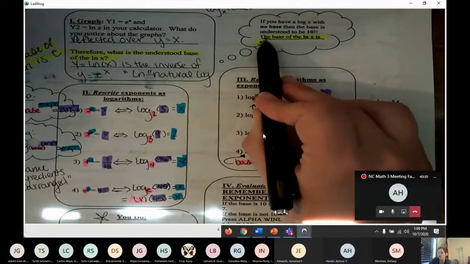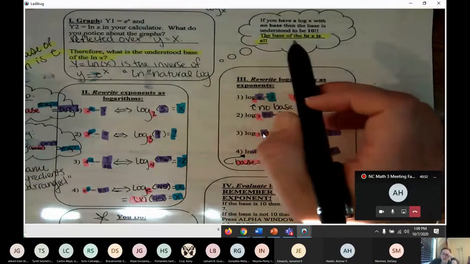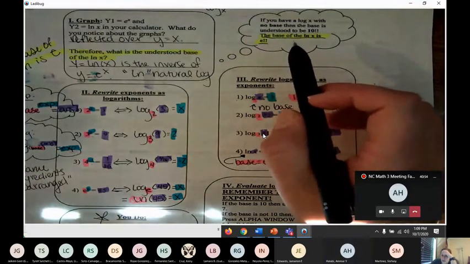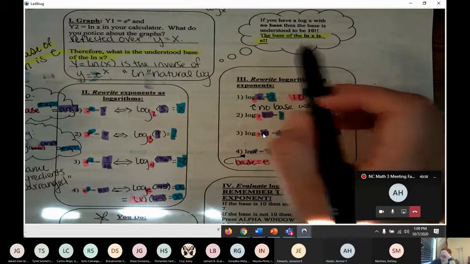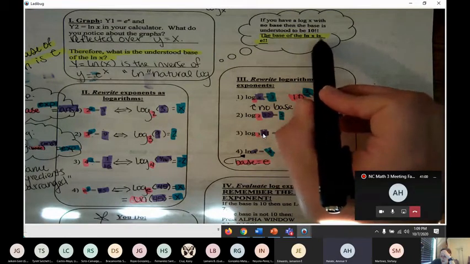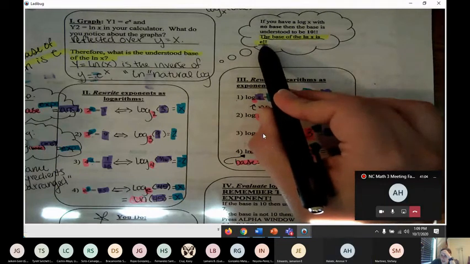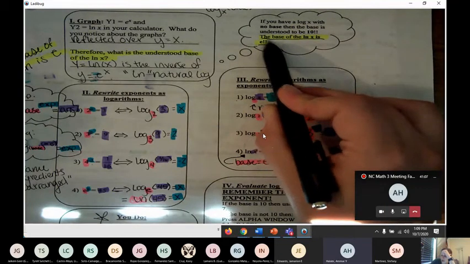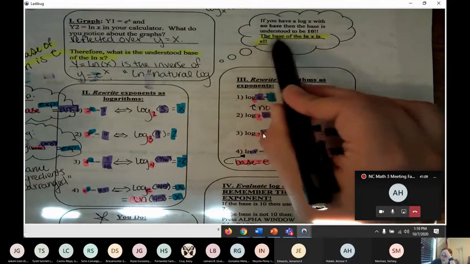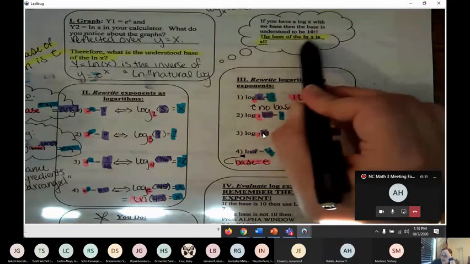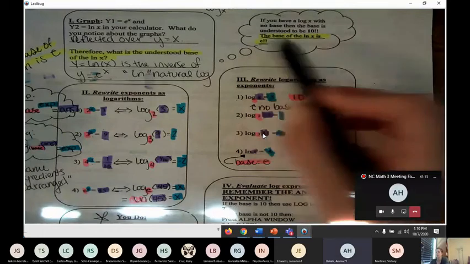Read the whole sentence, the whole highlighted sentence. The base of the natural log is e. Is e, yeah. So it says the base of the natural log, the ln, is e. Okay, so what's the base of my ln?